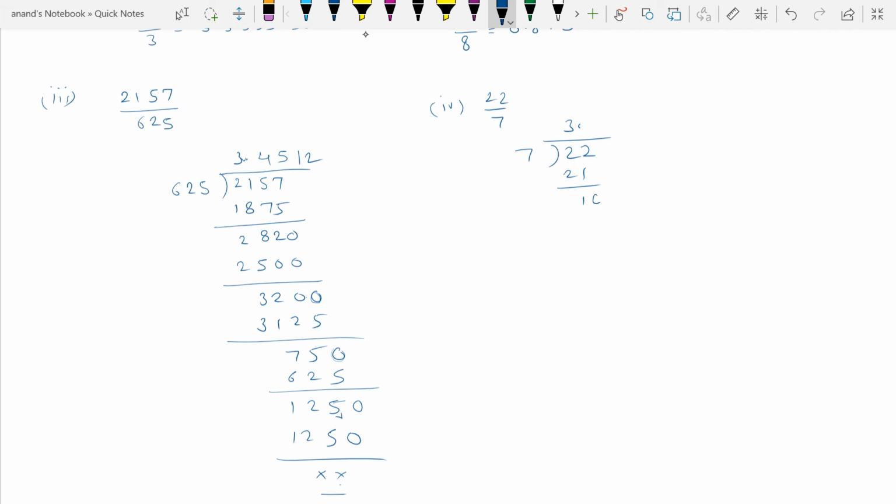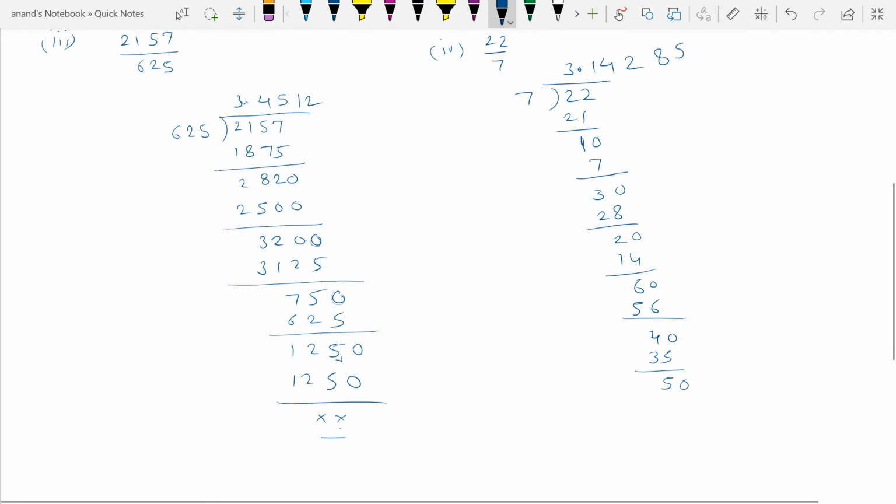It is not divisible by 7, so we will use 0 over here, and we have applied a decimal point. 7 1 ja 7, remainder is 3. 7 4 ja 28, remainder 2. 7 2 ja 14, remainder is 6. 7 8 ja 56, remainder 4. 7 5 ja 35, remainder is 5, then 0. 7 7 ja 49, remainder is 1 again.